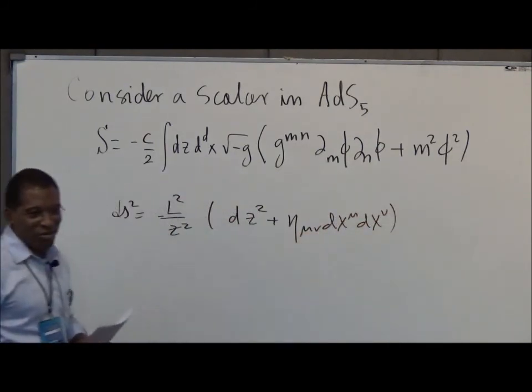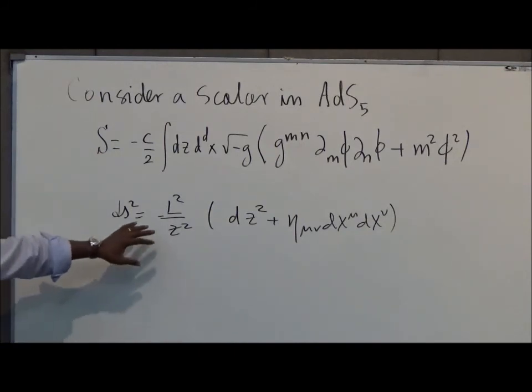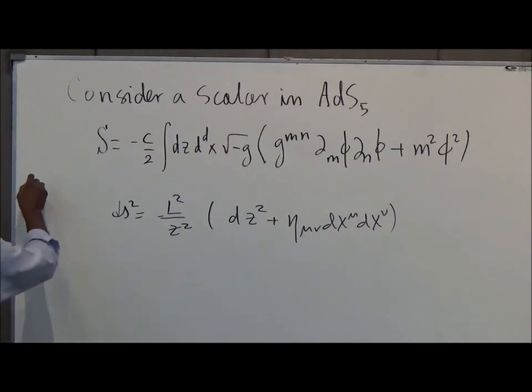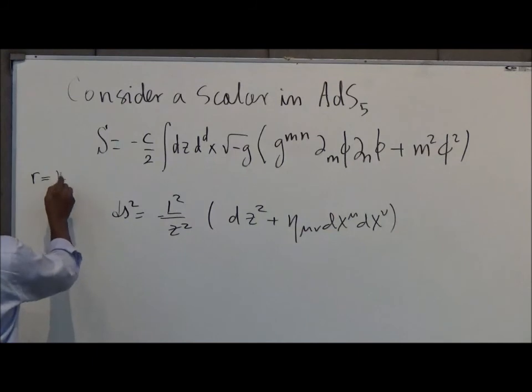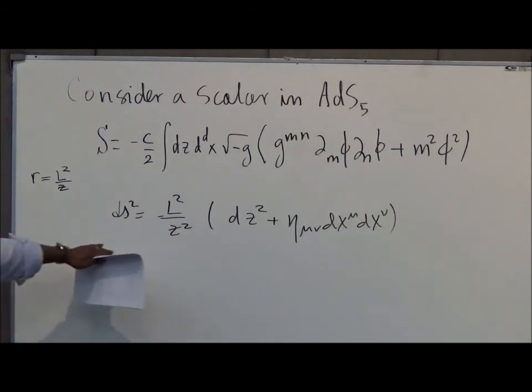I don't think I wrote this one in the morning, so you might be a little bit confused, but this is also AdS5. In the morning I used some coordinate r, and if I use some transformation like this, I'll get this metric. Some metrics are more convenient than others. This is going to be useful for us.